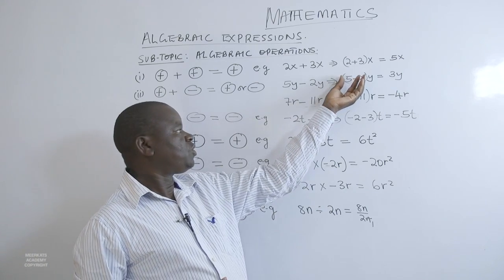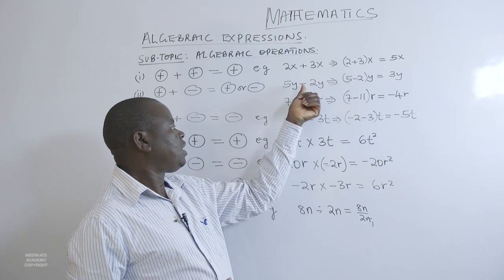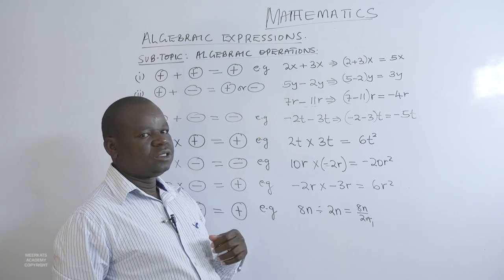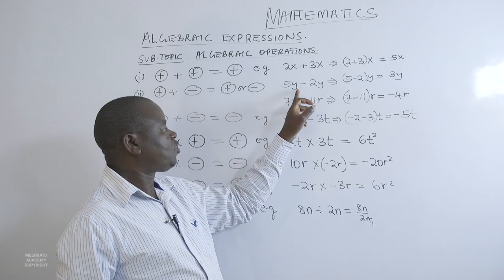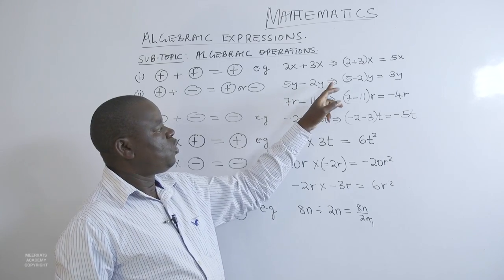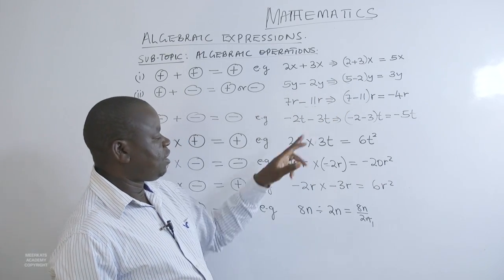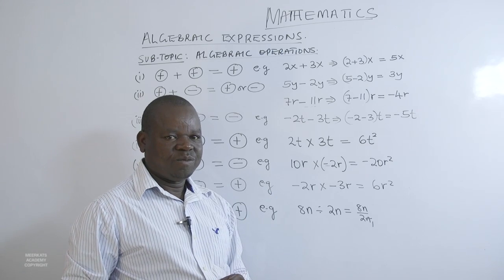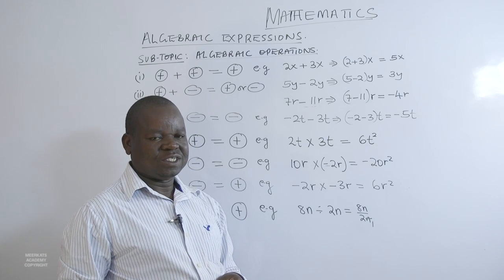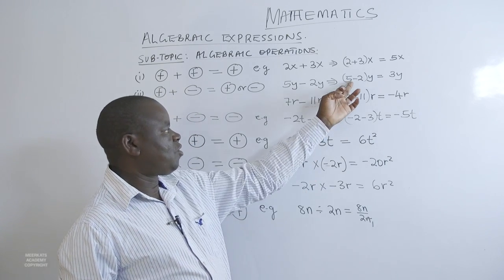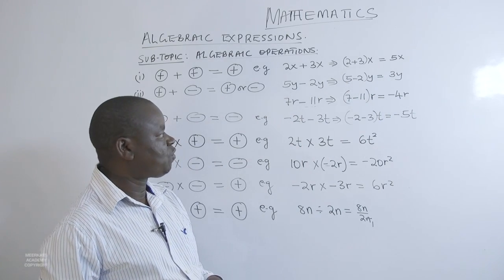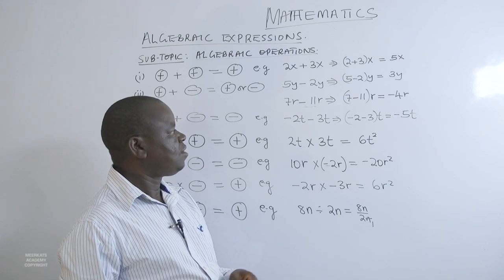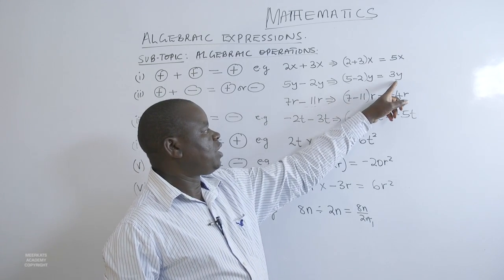We follow the same procedure because y is common in each term, so we can filter it out. Then we subtract the coefficients. When we subtract the coefficients, we get 3, because 5 minus 2 is 3. Then we multiply by y, we get 3y.